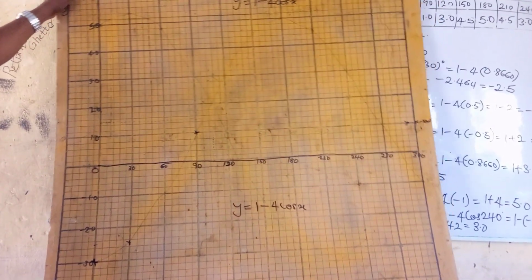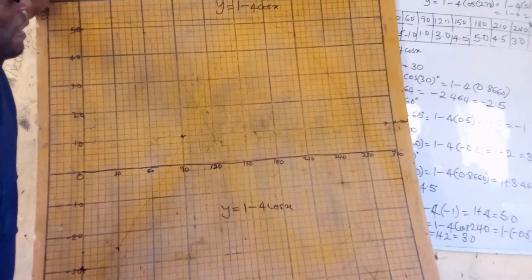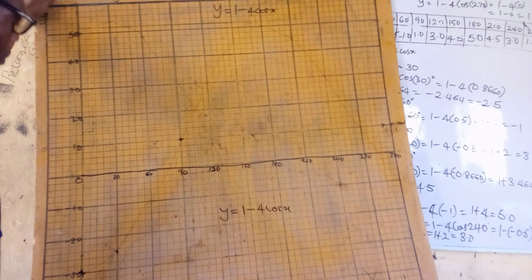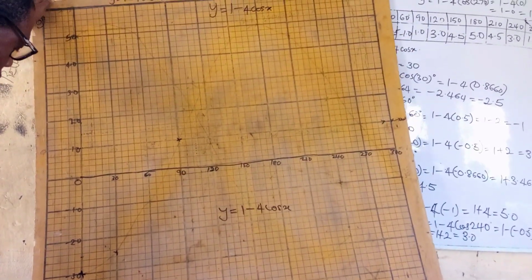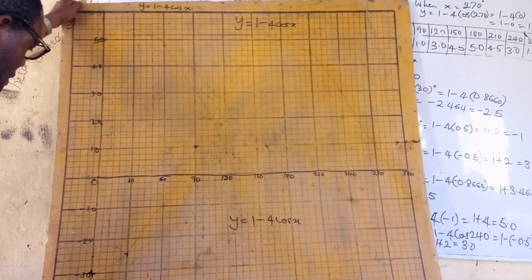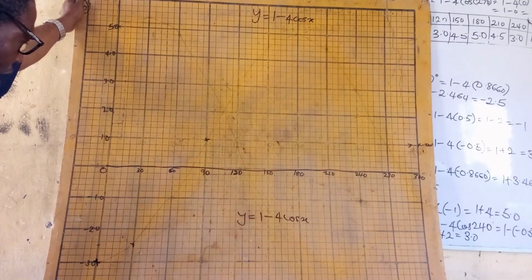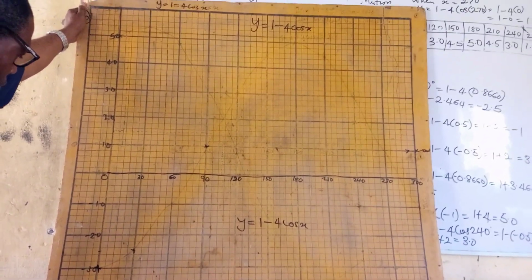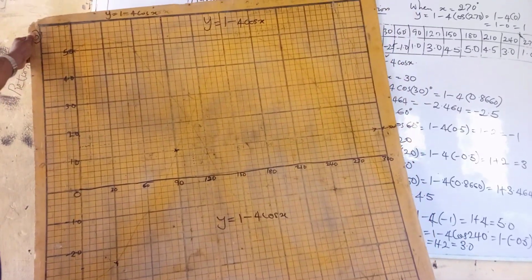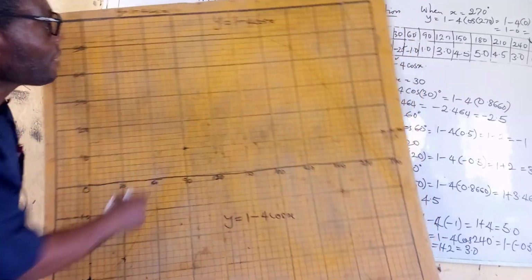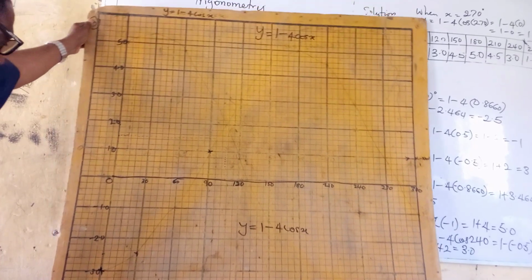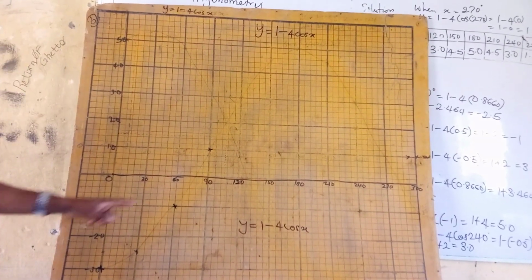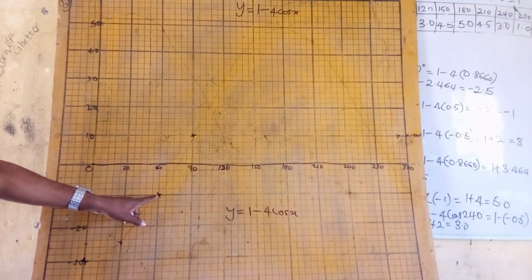When s is equal to 90 there, I think we have it to be minus 1, I think. When s is equal to 90, we have 1, correct? When s is equal to 60, it's minus 1. So when s is equal to 60, the point minus 1 is there.